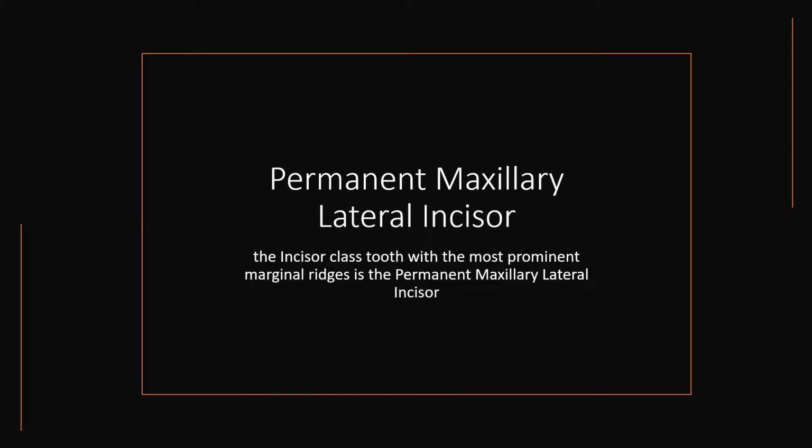It is the only tooth that has not only prominent marginal ridges, but also certain landmarks specific to the maxillary lateral incisor: very prominent striae of Retzius, and sometimes a groove, the palatogingival groove, which is found just below the cingulum on the lingual aspect.